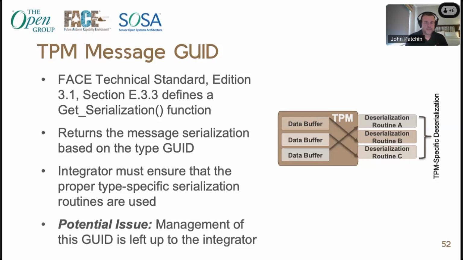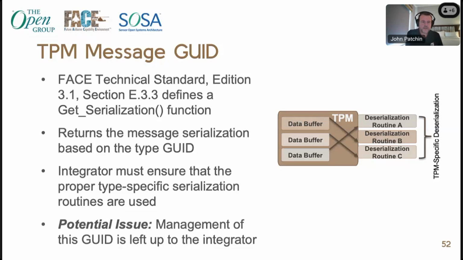As we integrate multiple TPMs and different messages are coming into the TPMs, there needs to be some coordination of these GUIDs to make sure they're consistent. A GUID is recognized commonly across the entire application, not just within a specific TPM.